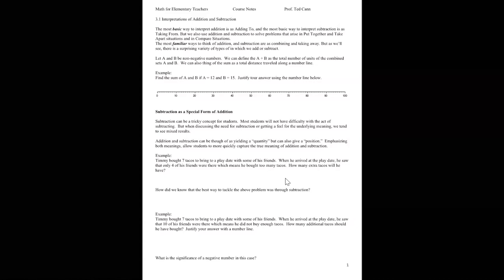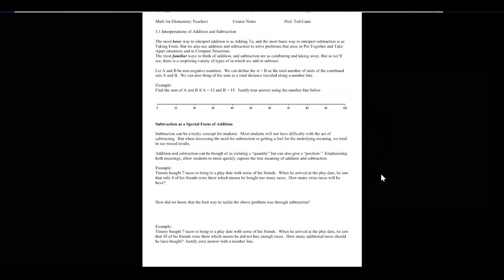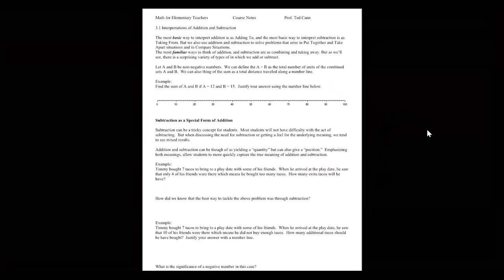So we're in the realm of interpretation now, at least to some extent. We're talking about addition and subtraction exclusively in this unit, but addition and subtraction of what? We're talking about adding and subtracting fractions, decimals, whole numbers, integers, things like that. The most basic way to interpret addition is as adding to, and the most basic way to interpret subtraction is as taking from.